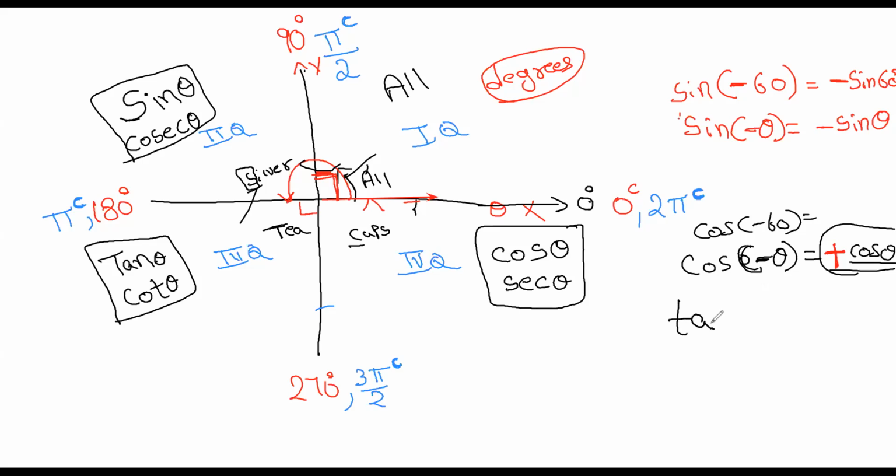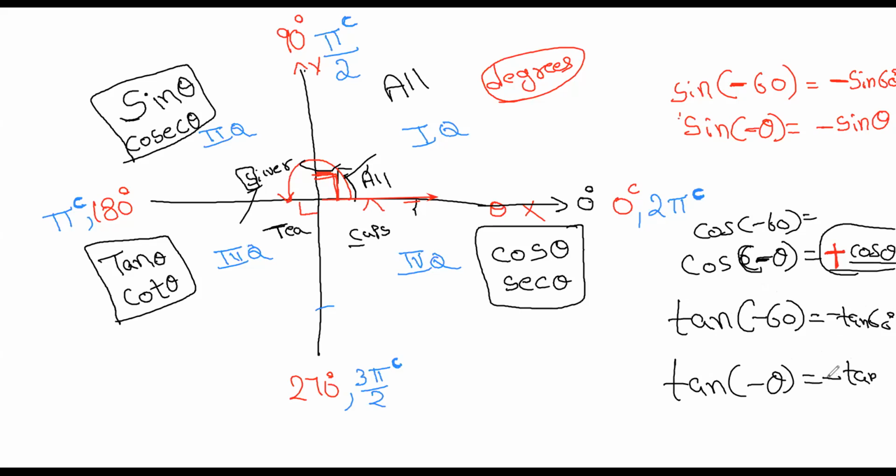Now tan of minus 60, that is tan of minus theta. This will be negative, right? Yes, negative tan 60, because minus 60 lies in the fourth quadrant, where tan is negative.